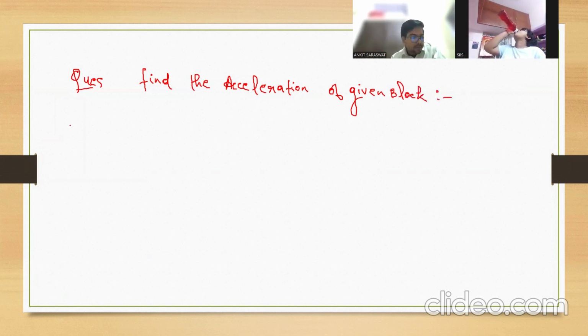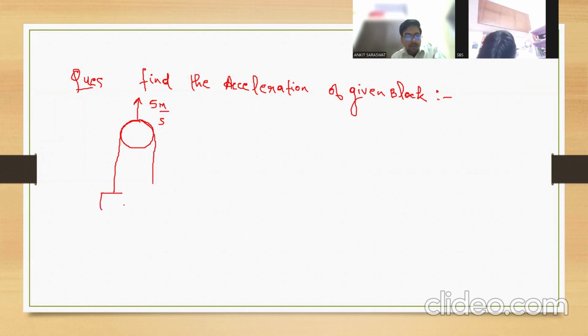This is the case. 5 meter per second. One block is this. This is a 1 kg block. This is a 2 kg block. And in the question they have mentioned the 1 kg block is going like this.